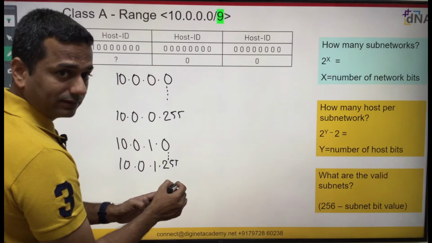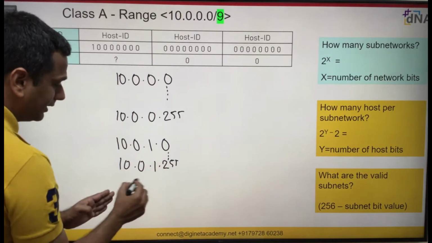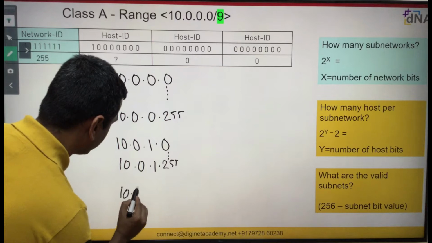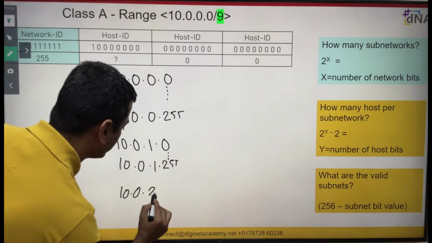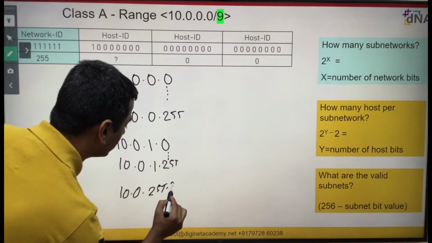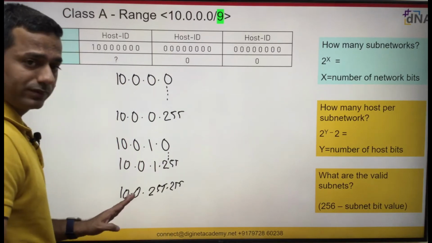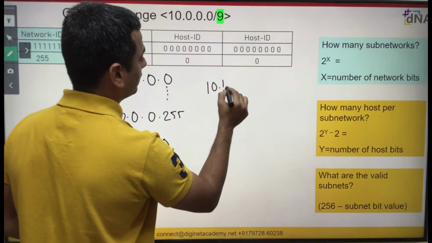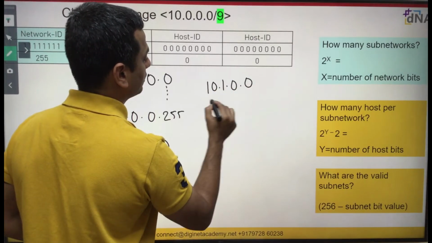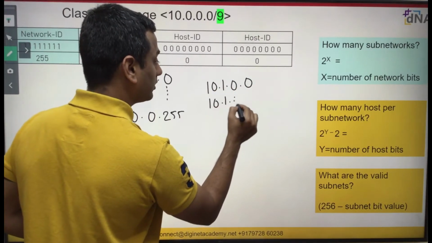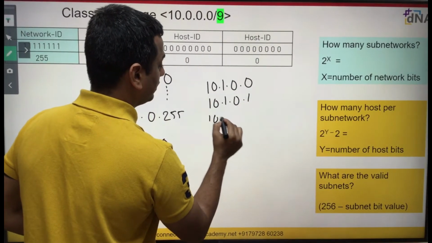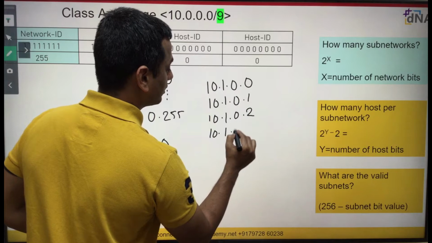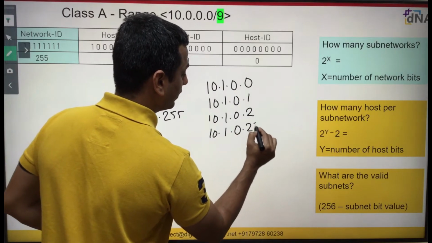Once that has been done, up to 255, then it will go to 2.0 and 2.255, up to the 10.0 dot third octet 255.255, right? Then your second octet turns to 1: 10.1.0.0, 10.1.0.1, 10.1.0.2, 10.1.0 dot up to 255.